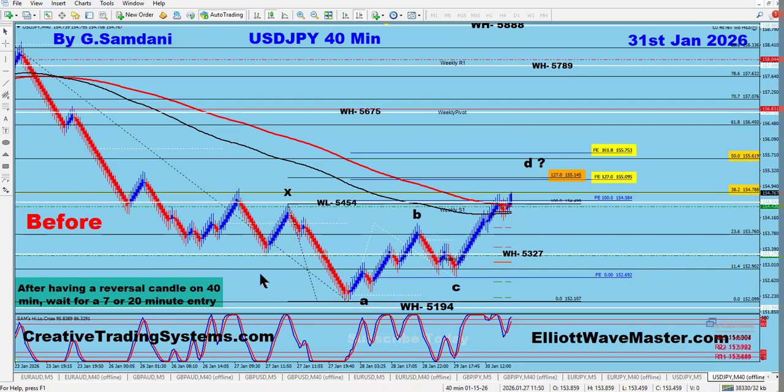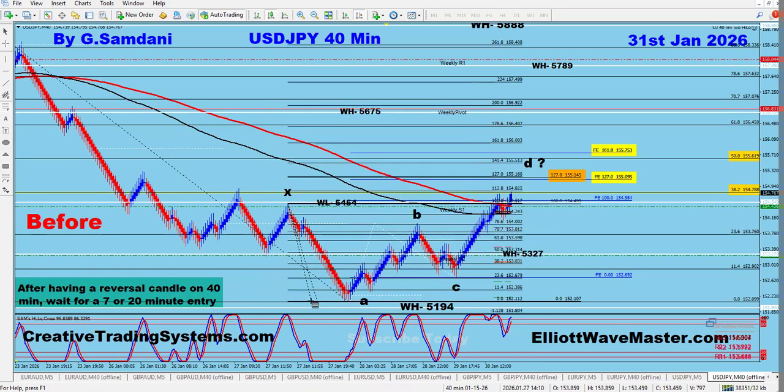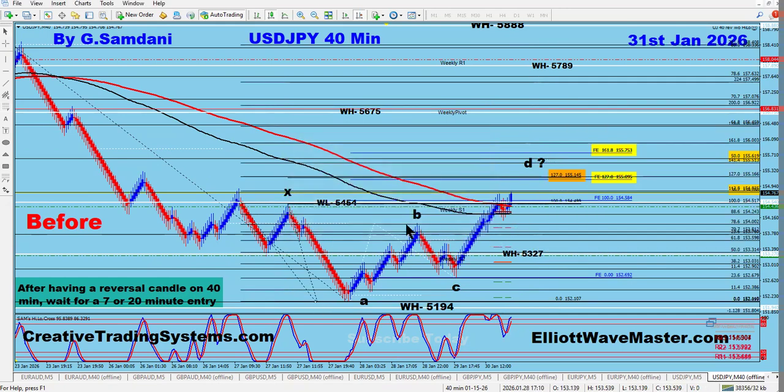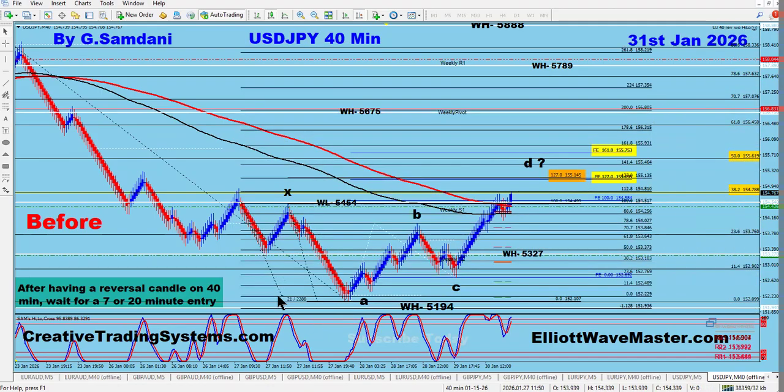This is not the fib, I switched the fib already, that's why it is messed up. I'm looking for the extension. Let me draw a new fib here. What happened? Where did it go? Oh, it went all the way there.